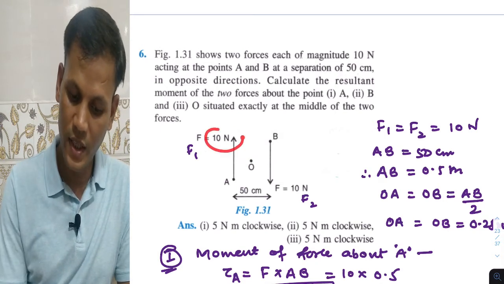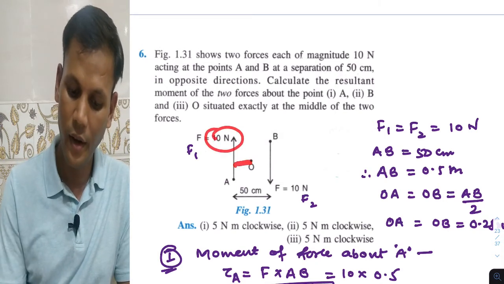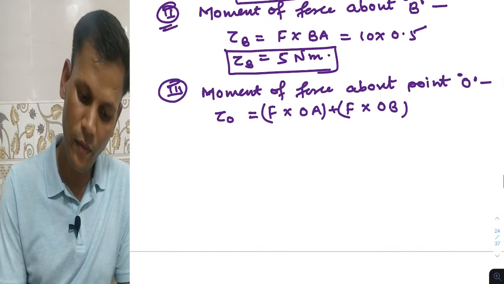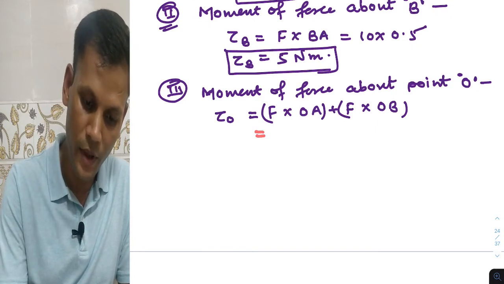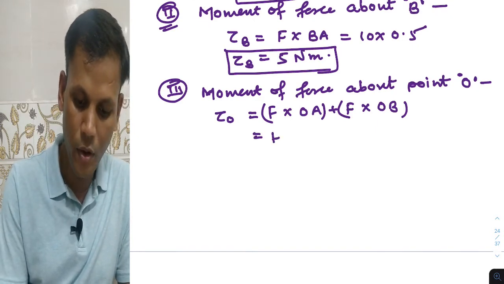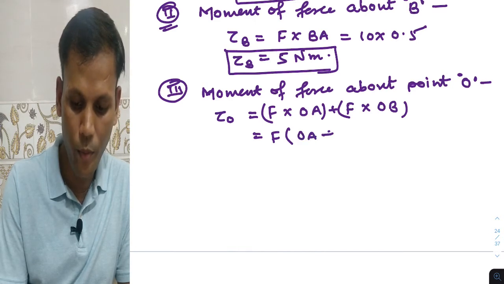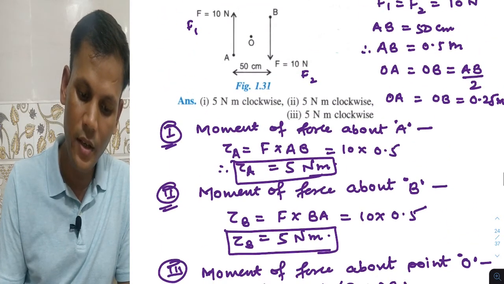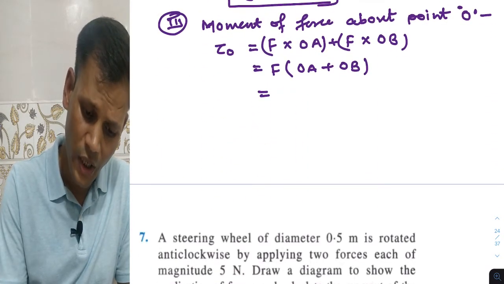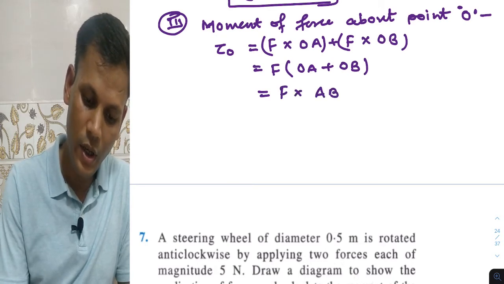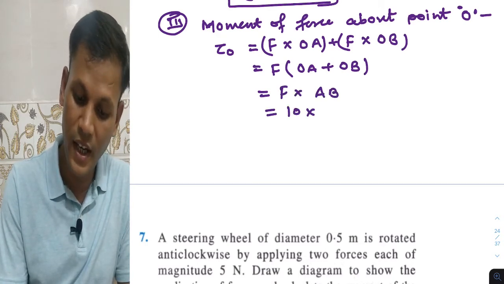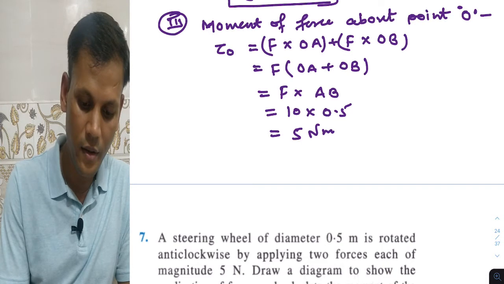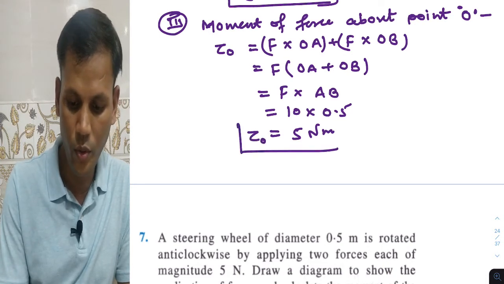So one force is into OA, another force into OB. Now the forces are the same, so we can take F common, and you get OA plus OB, but OA plus OB is AB. So F into AB: F is 10 into AB is again 0.5, so it will be 5 Newton meter. It is torque about point O, tau.